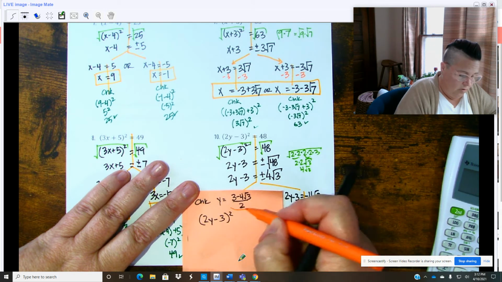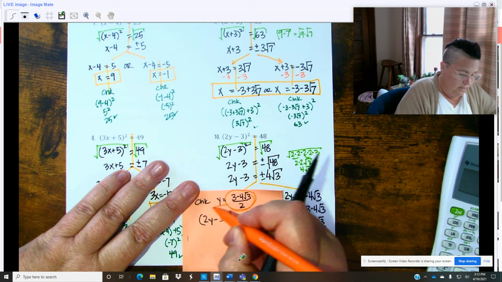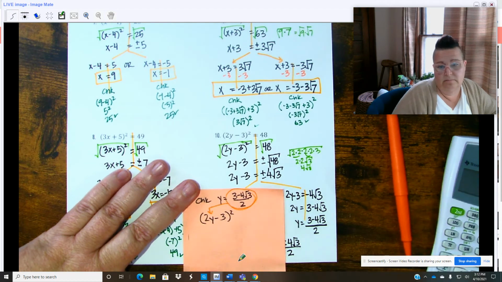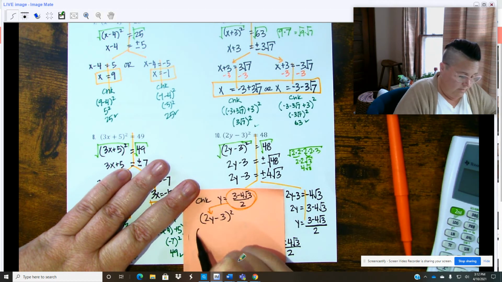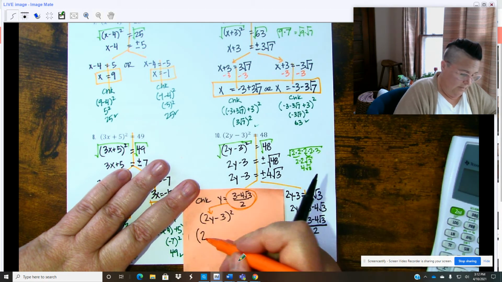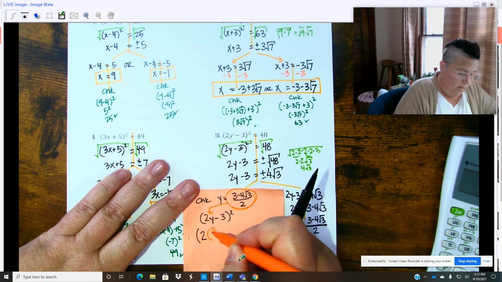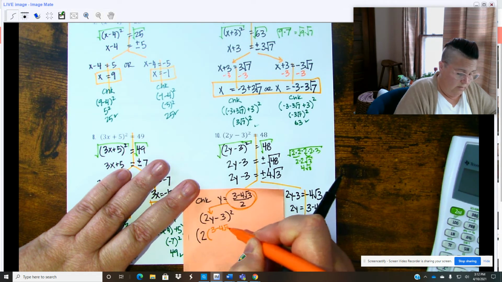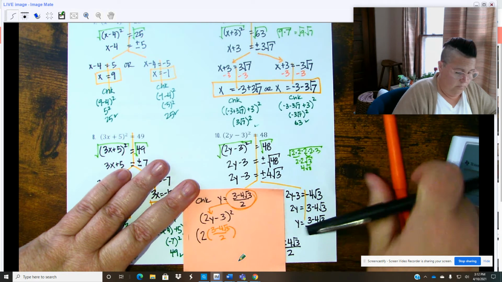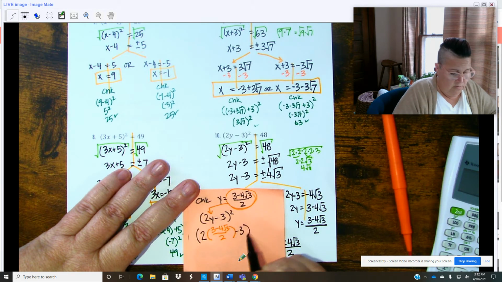So again, all of this is going to go in where the y was. So this is going to give us a 2. Where the y is, I'm going to put 3 minus 4 square roots of 3 over 2, minus 3 squared.